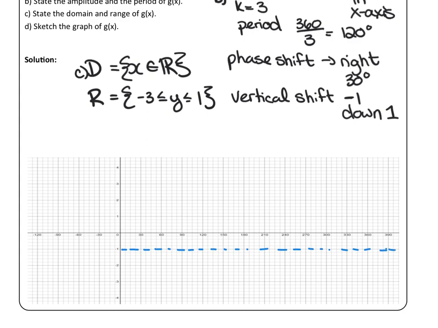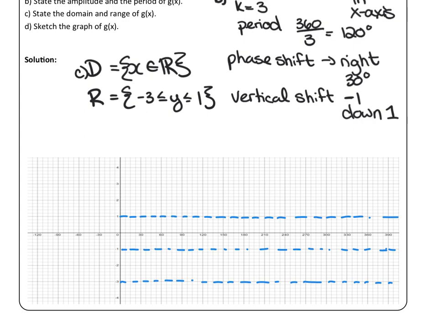And so my sine or cosine is going to go across that line. I know my maximum is at 1, so I put that line in as well. And then I put my -3 in. So you can see that I've taken care of my vertical shift and my amplitude just by drawing those lines in.